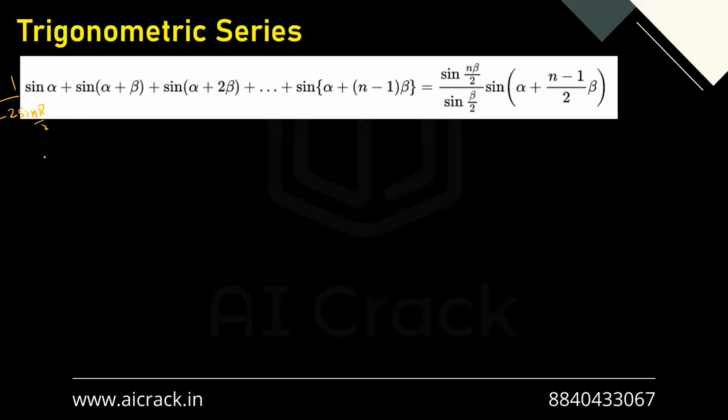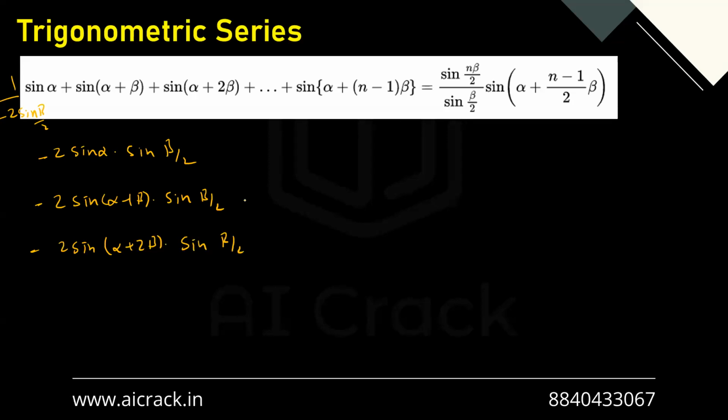So the first term becomes minus 2 sine alpha dot sine beta by 2. Second term becomes minus 2 sine alpha plus beta dot sine beta by 2. Third term becomes minus 2 sine alpha plus 2 beta dot sine of beta by 2.